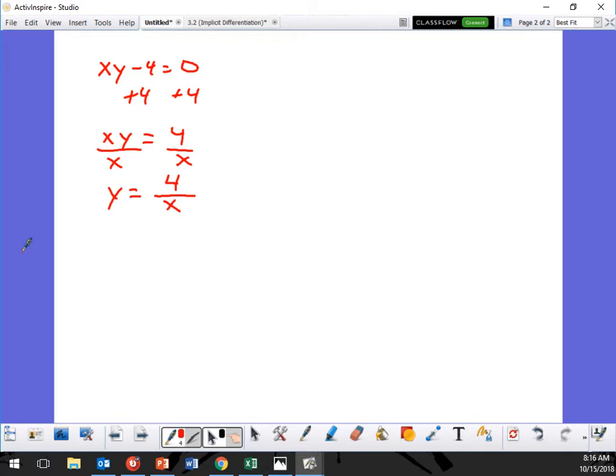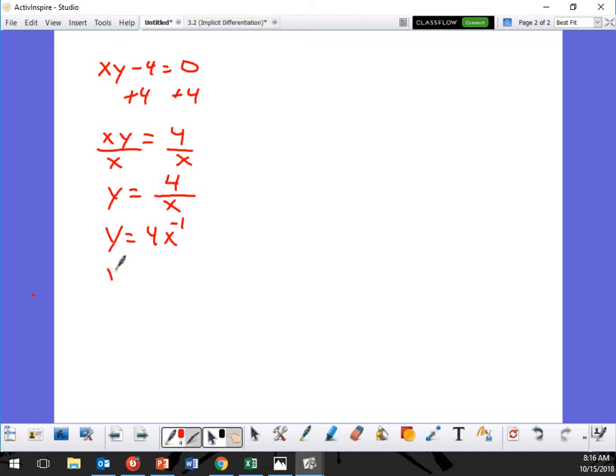Okay, so now I'm going to go back here. What would I do to the x to try and bring it up? If I want to bring the x up so I could take the derivative, what would it become? Negative 1, right? So y equals 4x to the negative 1. So now can I take the derivative?